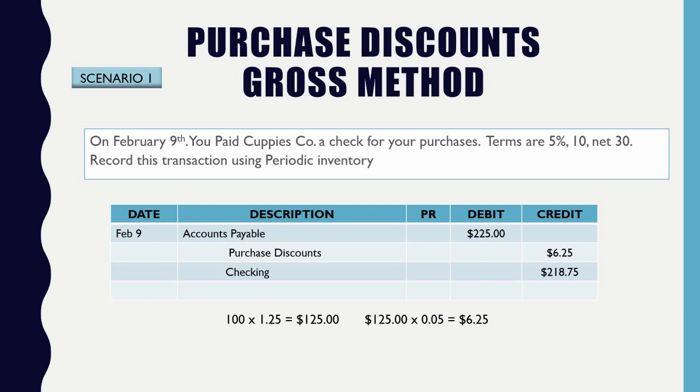So if I purchased 100 of them, then it's $125, and I can only take a discount off of the $125, okay? Now think of it in reality, right? Do you think I can take a discount off of shipping? Is it possible to take off a discount for shipping?